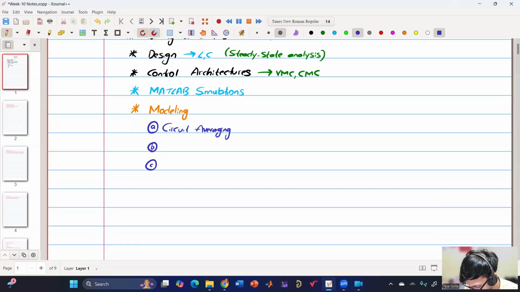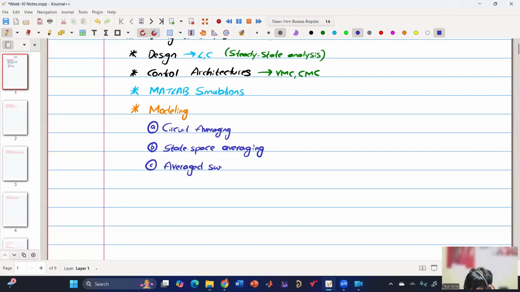We have also done state space averaging. Yes, state space averaging. And we have also done the averaged switch model. So based on all this, we got the model.